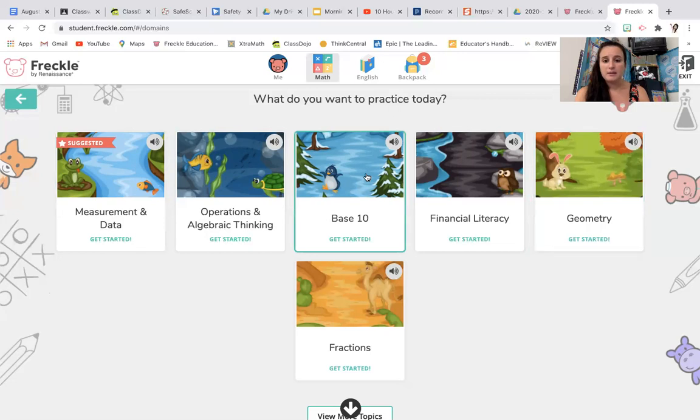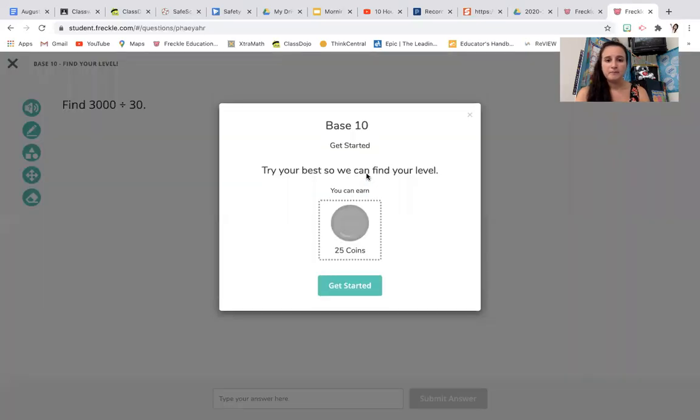So when you click on it, base 10 says get started. It says try your best so we can find your level. So the ones you get wrong, it's going to say, okay, that one's too tricky. Then if you get it right, that's going to be okay, gauging where you're at. So you have to take this pre-assessment first, and then it will assign you questions that are based more on your level of learning.